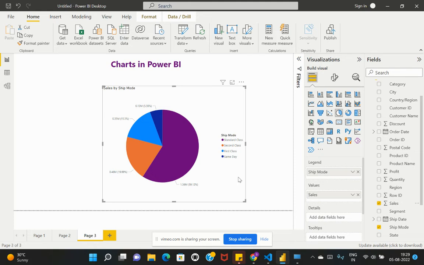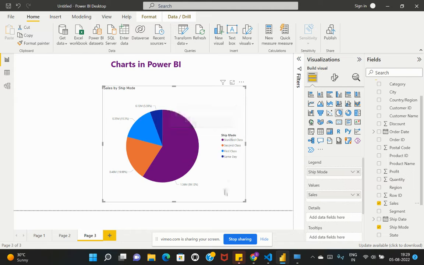Okay, so what is a pie chart? So pie chart is basically important if we would like to analyze the individual contribution with respect to the total. Okay, so let's say that since this has been demonstrated in a percentage format, the total is 100%. So out of 100%, what is the individual contribution of every slice within that particular dimension or within that particular category?